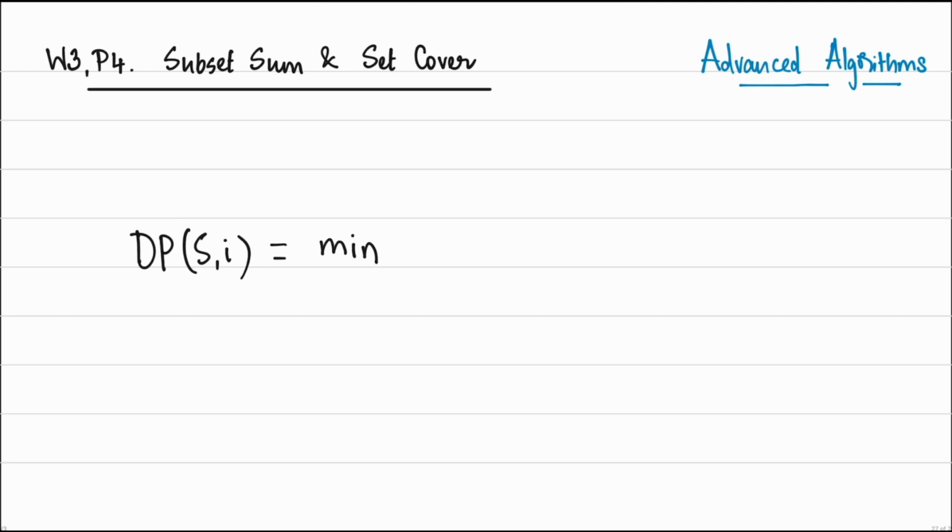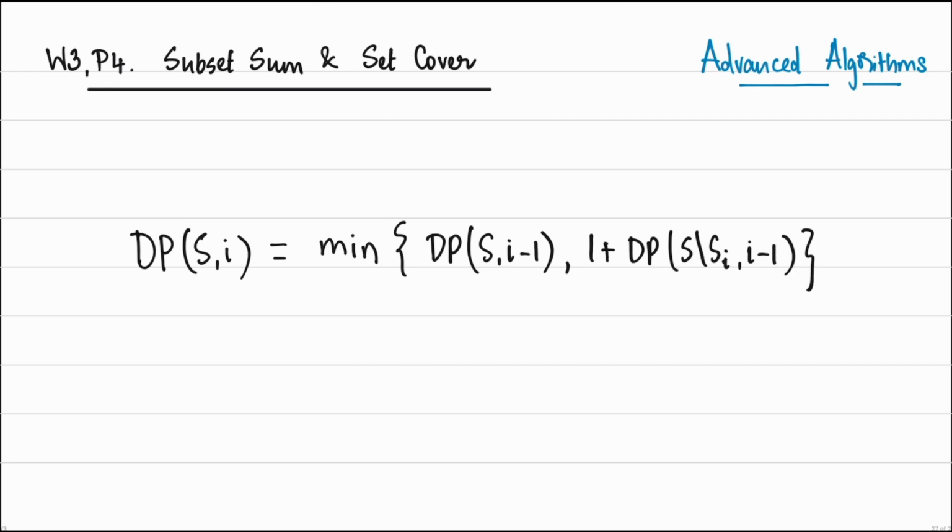So that's why it's going to be correct. So it's going to be the minimum between dp of S comma i minus 1 and 1 plus dp of S minus Si comma i minus 1. So those are the two table lookups, and the min is what helps us actually combine the two possibilities and gives us the best of both worlds, literally, right?